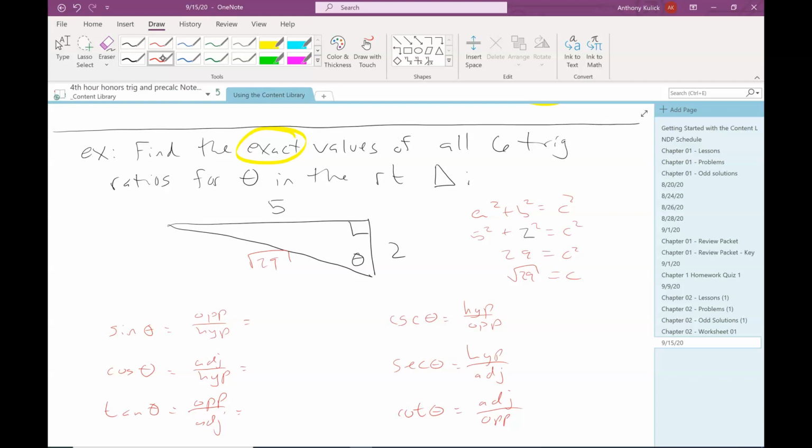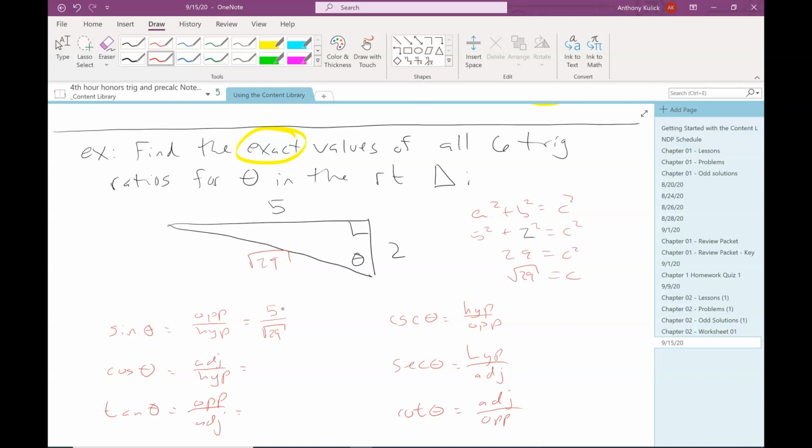Okay. So who can tell me what the ratio is for sine? 5 over the square root of 29. But are we going to leave our answer in this form? No, what was wrong with this form? Yeah, we have a square root in the denominator, which we don't like to leave in our final answer.